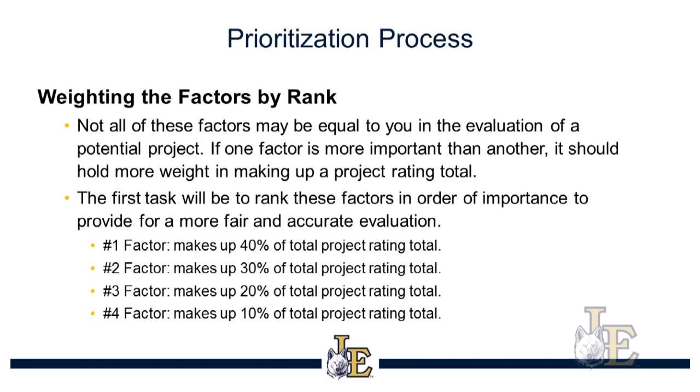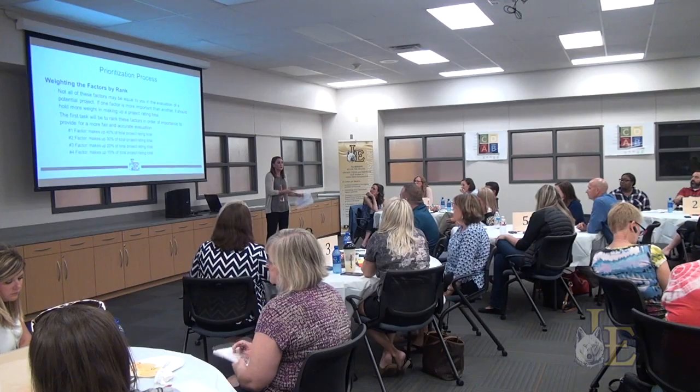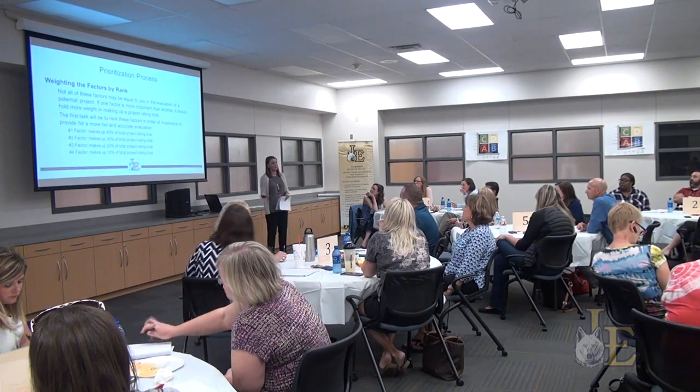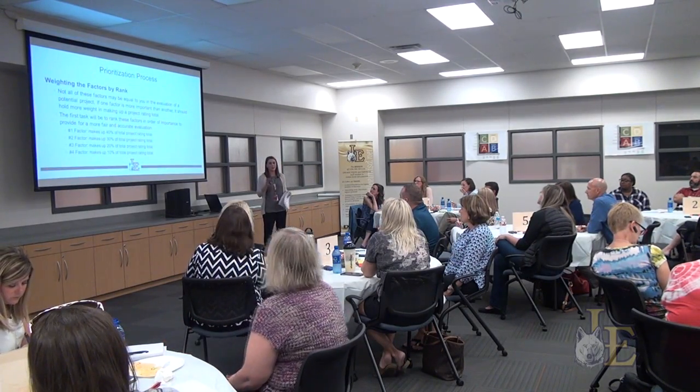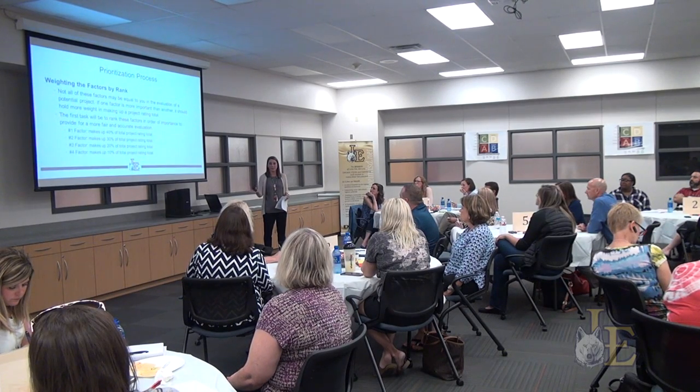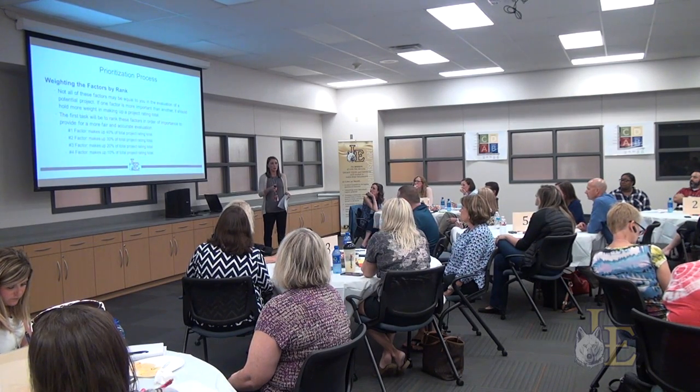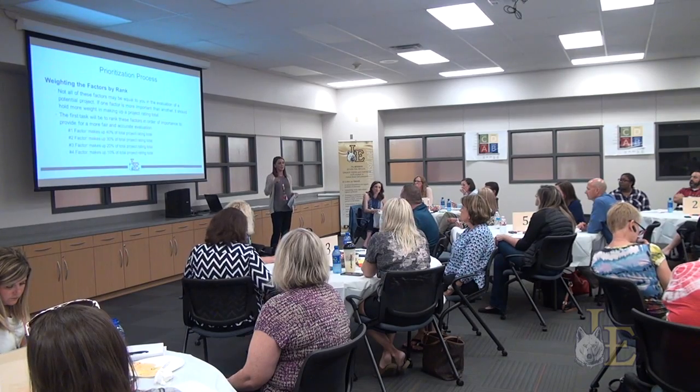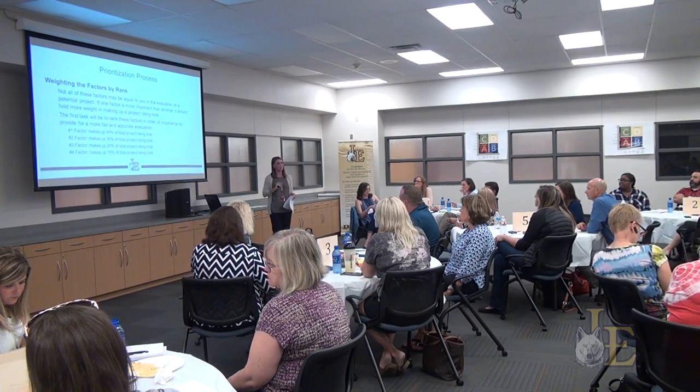The second, 30%, the third, 20%, and the fourth, 10%. Does that make sense? So if you choose benefit to students is more important than value, you don't have to think about that when you're rating them for each factor. The weight will already be applied based on the fact that you said that that's more important.